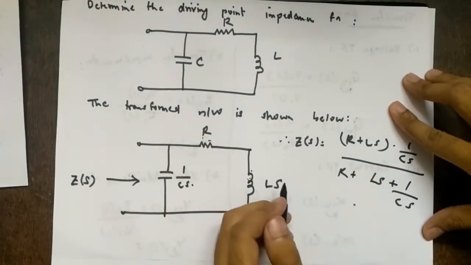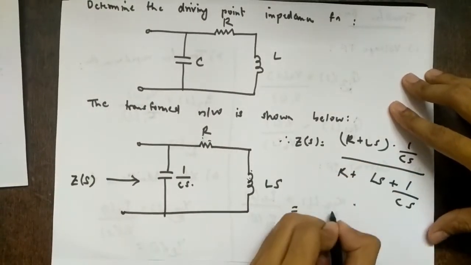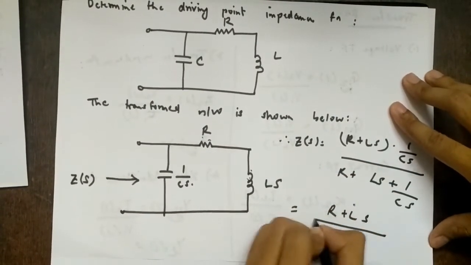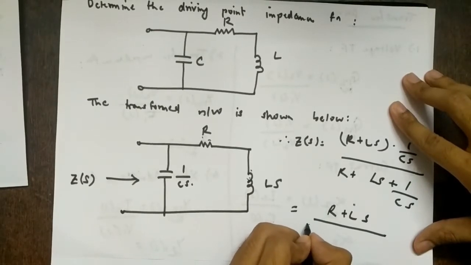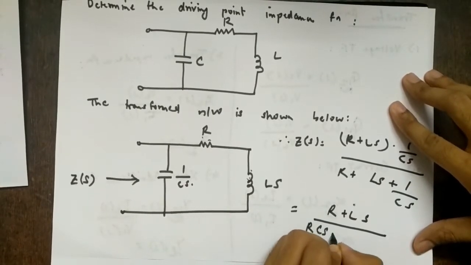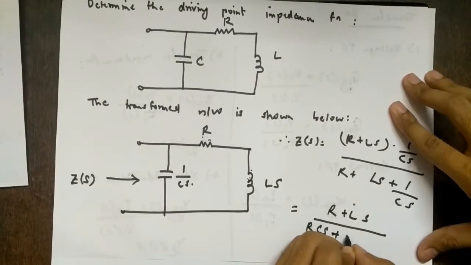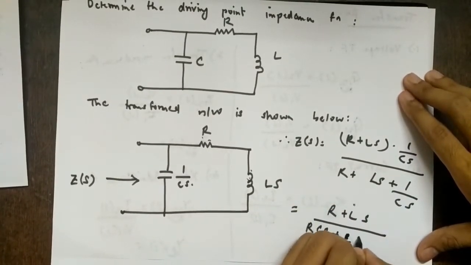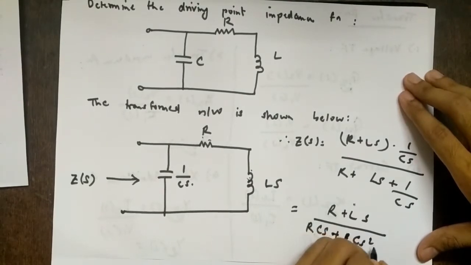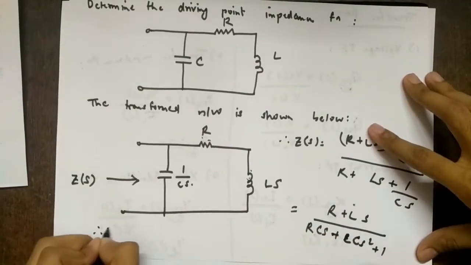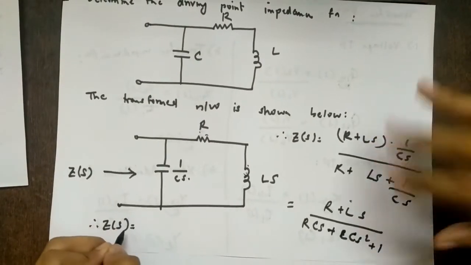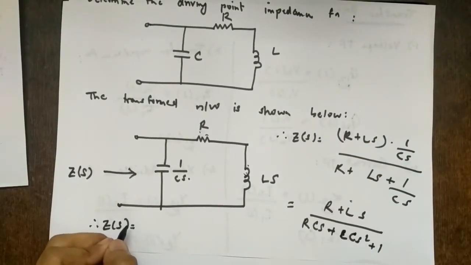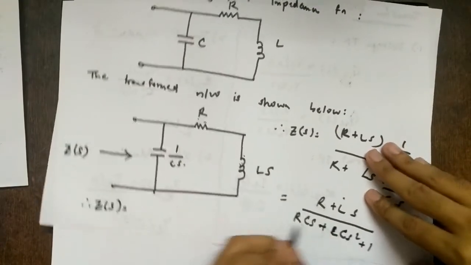Right? So then what you have to do? Multiply by CS. So R plus Ls upon RCS plus, R you are multiplying by CS, right? So LCS square plus 1. Right? So therefore Z of S will be what? We again always try to keep the coefficient of S square as 1.